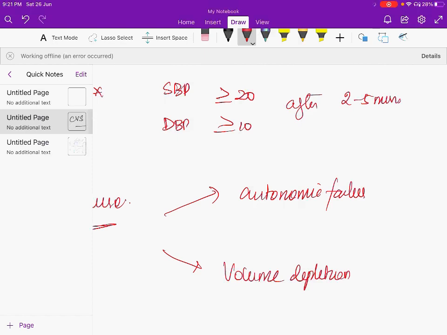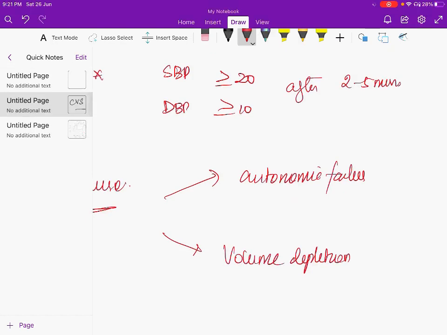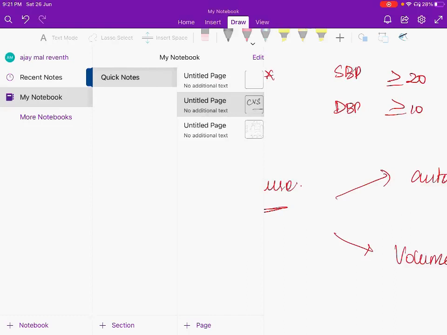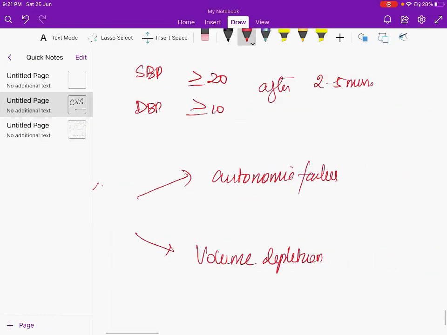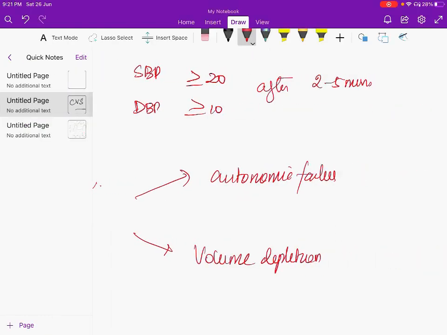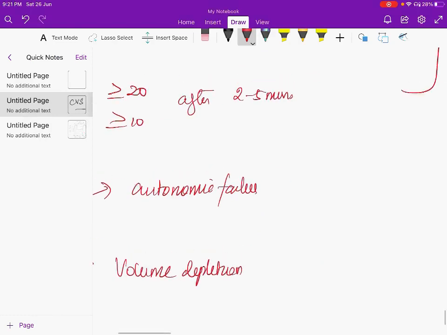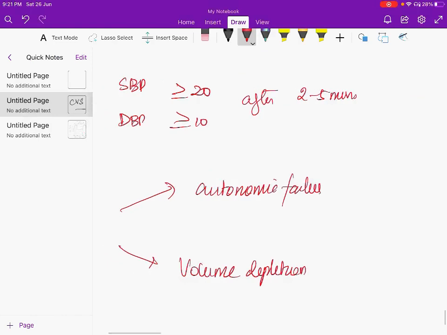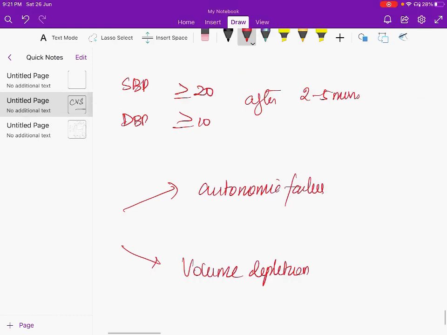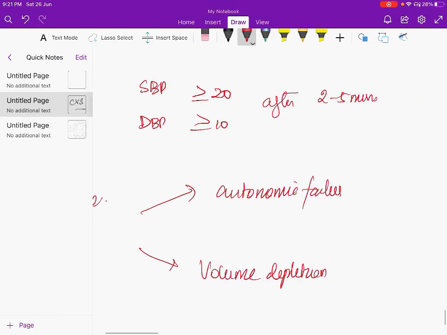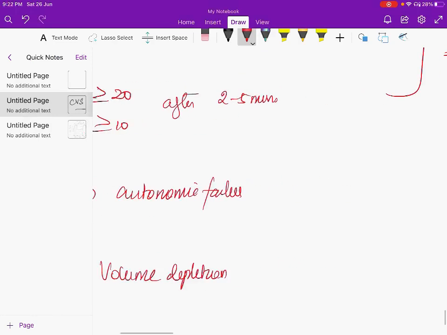Increased sympathetic activity to the blood vessels will cause constriction of the capillaries, and in turn will increase the venous return to the heart, and that will increase your BP. So this is compensatory, and this compensating mechanism will try to keep this fall in BP to less than 20. But in case of an autonomic failure, this fall will be so large that it is good enough to produce hypotension.